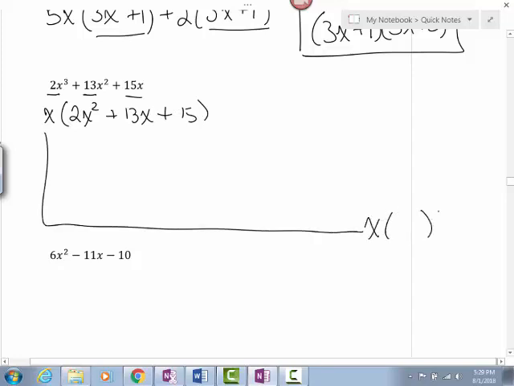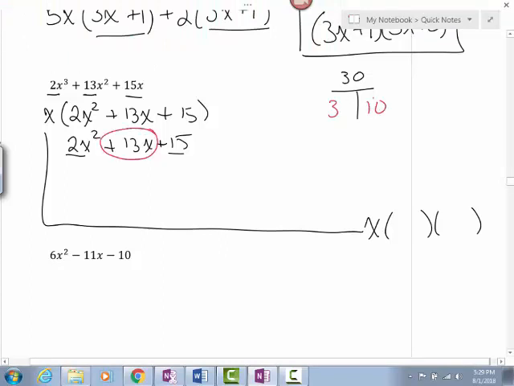I don't want to forget it, my final answer. Okay. And so now we have 2x squared plus 13x plus 15. So 2 times 15 gives me a 30. And I want to find two numbers that multiply to 30, but they need to add up to 13. I think 3 and 10 are going to work.